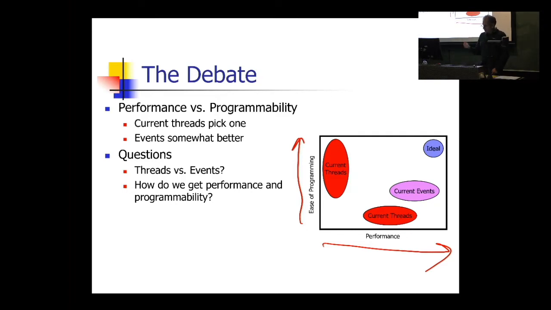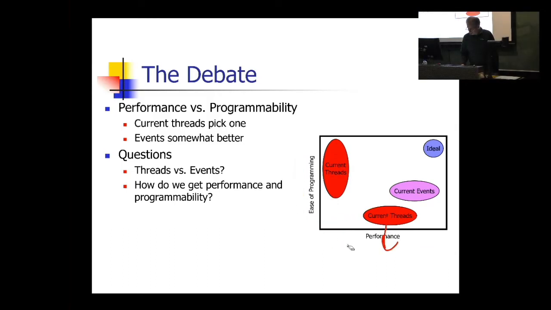However, the downside is that the performance is really low. I can't scale very far with coarse-grained locking. If I want performance with threads, up here, I need to use fine-grained locking. Fine-grained locking introduces a whole lot of complexity, so the ease of programming is now back down here. So with threads, I've got one or the other, was the claim.